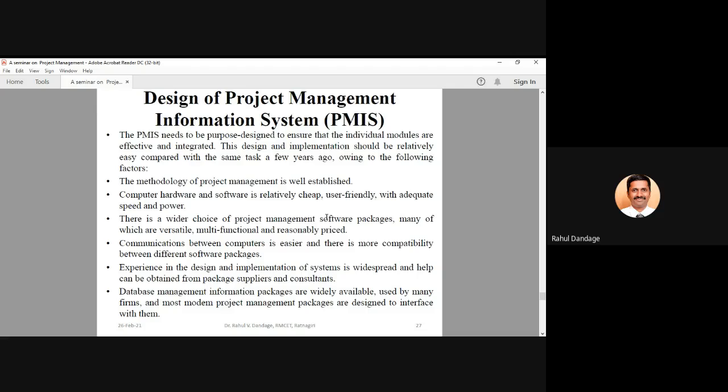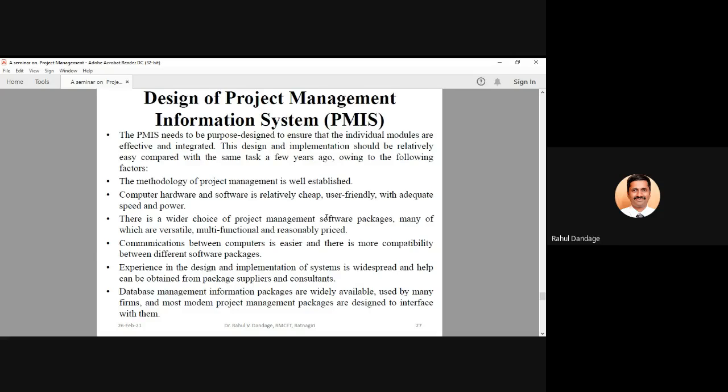Try to get that software downloaded if it is available, and try to think in perspective of working on those softwares, learning those softwares, getting information with respect to the various modules, various facilities, and various provisions which have been given in that particular software. Microsoft Project and Primavera. These are the two softwares widely used in industries for project management purpose.